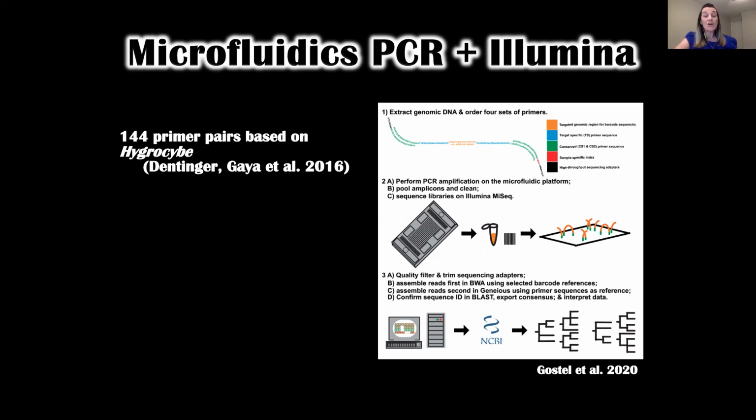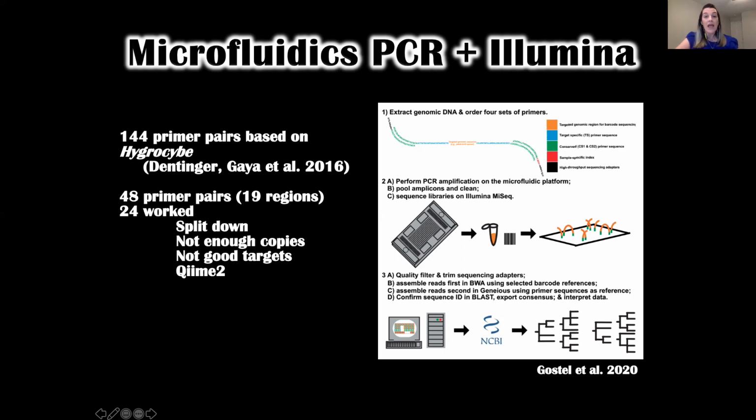However, it did not work because it was too distantly related. So ultimately, I looked up the literature and found 19 regions that are commonly used for fungal phylogenetics and adapted this to this technique.